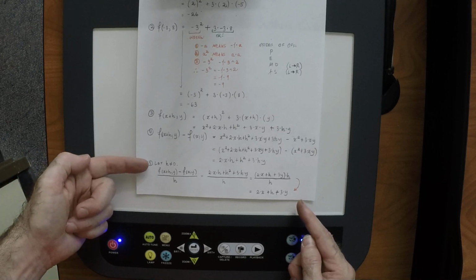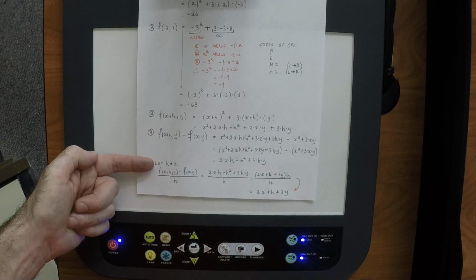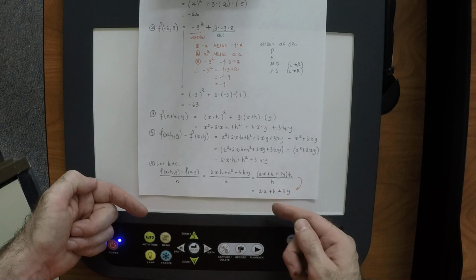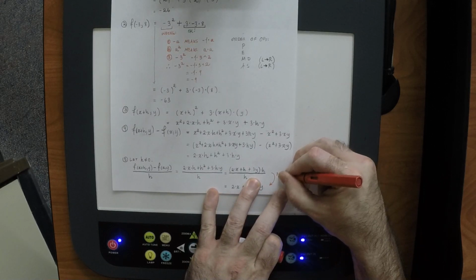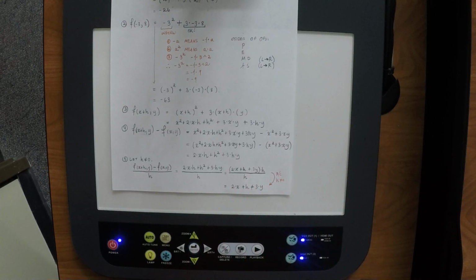In the end, because I said we're operating under the assumption that h is something that's not 0. That's what makes this okay. That's what makes that possible.